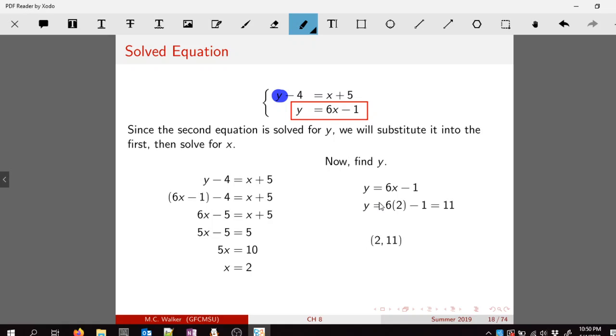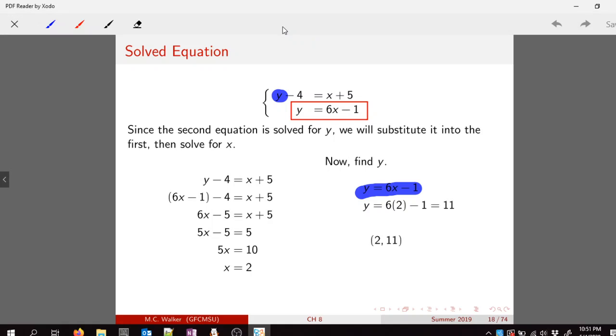Once again, we substitute back into one of the equations to get y is equal to 6 times 2 minus 1, which is 11. Our solution is (2, 11). We should probably be checking these. y minus 4, so that's 11 minus 4 is equal to x plus 5, 2 plus 5, 7 is equal to 7.